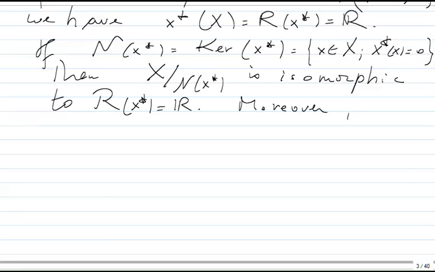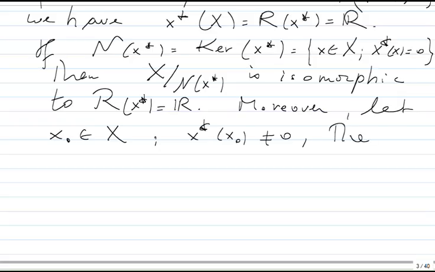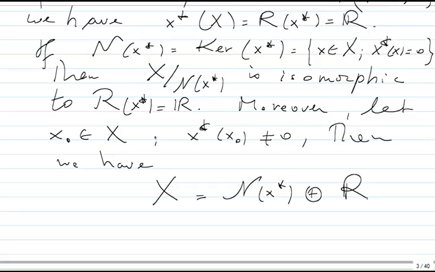And in fact we have moreover, let x0 in X be such that x star(x0) is not equal to 0. Then we have something very interesting. We have X equals the null space direct sum R times x0.